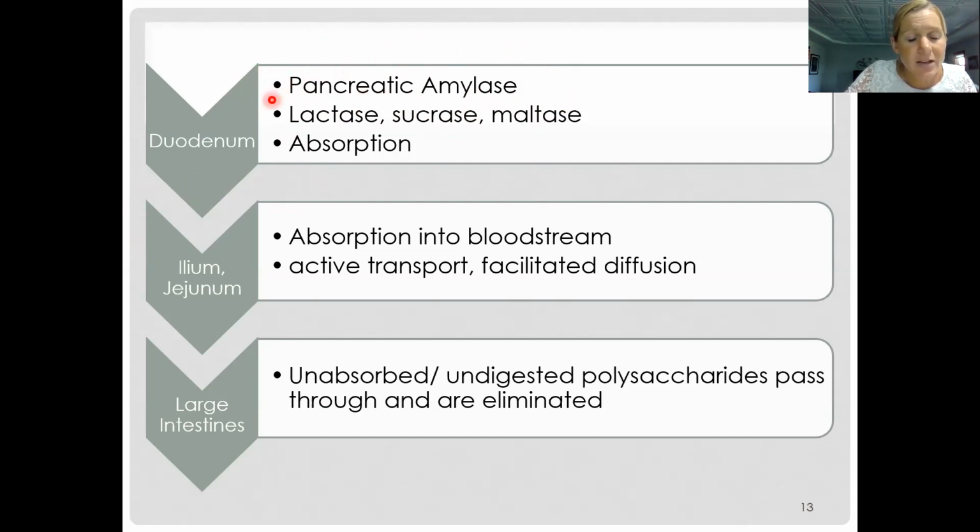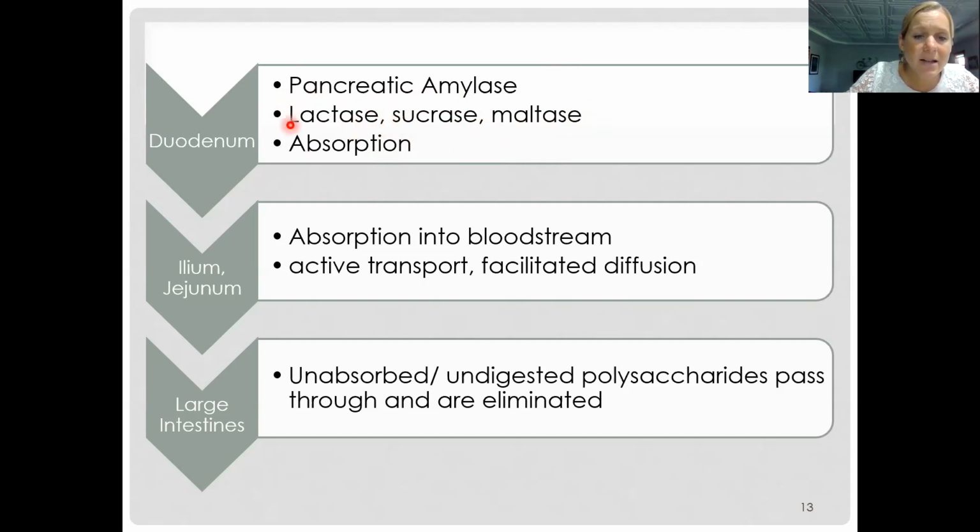Okay. Next, we have these 3 enzymes, lactase, sucrase, and maltase. And they're going to take their disaccharides and break them down into monosaccharides. Okay, so again, sucrase will take our sucrose disaccharide and break it into a fructose and galactose.